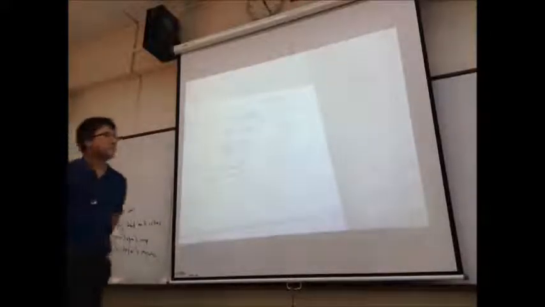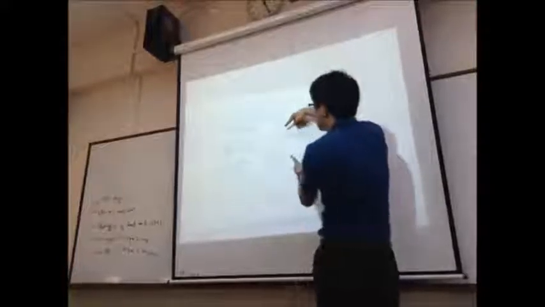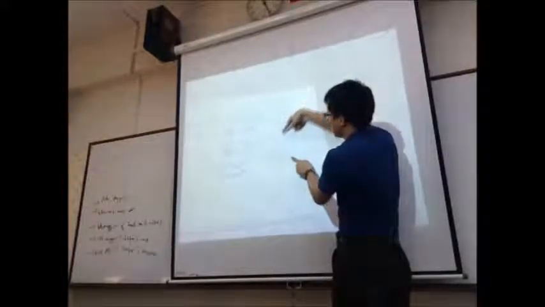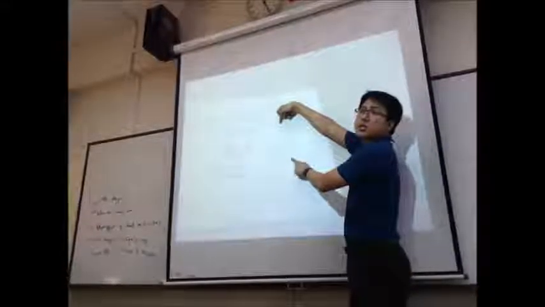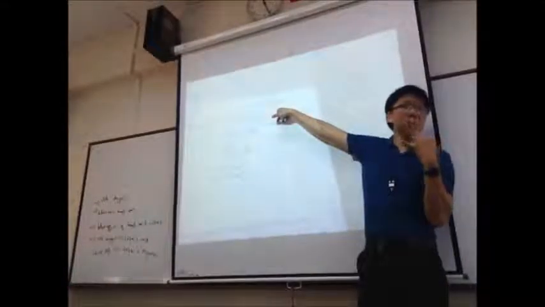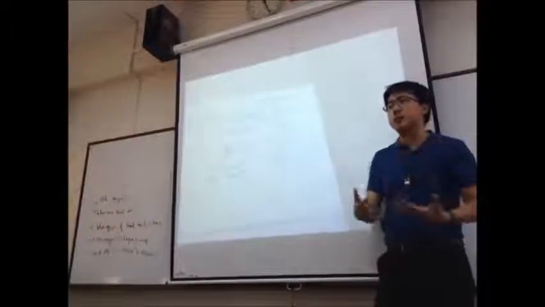So, I go back to the diagram. OD is 2 units. CD is 1 unit. Together, how many units? 3. Can follow? Then suddenly it becomes very easy.